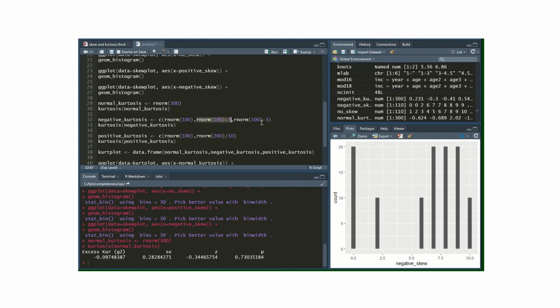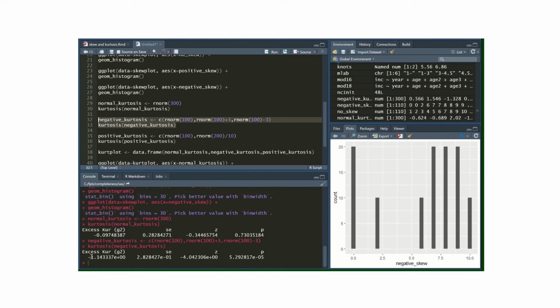So what I'm doing is adding and subtracting numbers to push the data into the tails of the distribution. Okay, and so we're going to see this in a graph in just a minute, but for now, let's first verify that we get negative kurtosis from this. And we do, so now we see that kurtosis is negative 1.14.